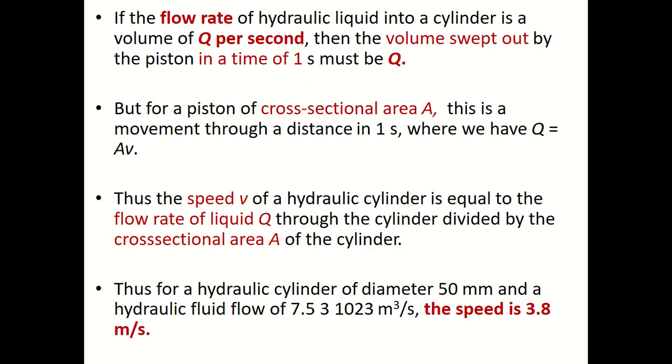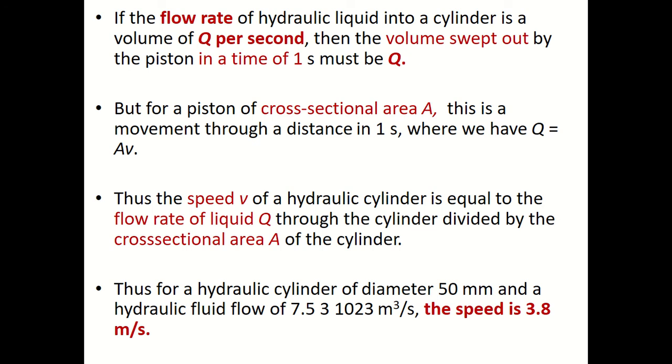Again, assume the flow rate of a hydraulic liquid into the cylinder is Q volume per second. Then the volume swept out by the piston in a time of 1 second must be Q. For a piston of cross-sectional area A, moving through a distance v in 1 second, we have Q equal to A into v.